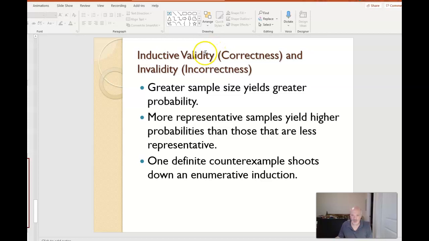Induction is often not called validity, but rather inductive arguments are better understood, I think, as strong or weak. So much of the rest of the book is going to emphasize induction. Science is inductive, all predictions are inherently inductive.